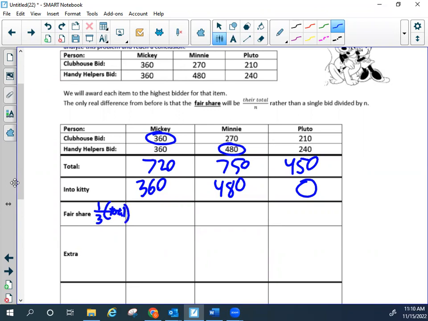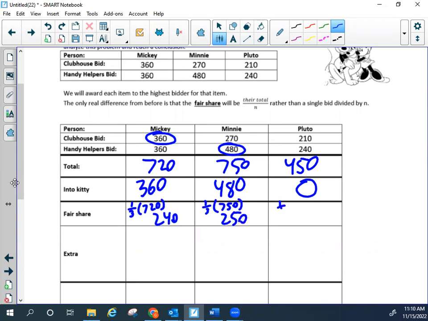So 1/3 times 720 is 240. 1/3 times 750. Here, I'll write that out. 1/3 times 720. That is 240. 1/3 times 750. That is 250.